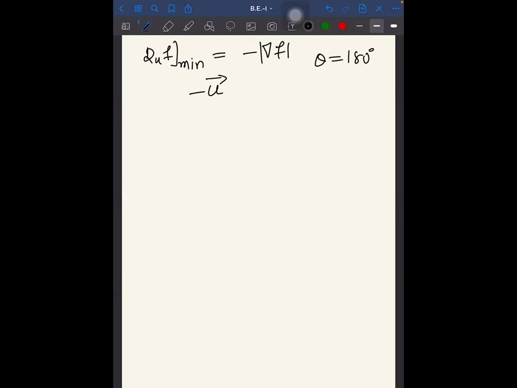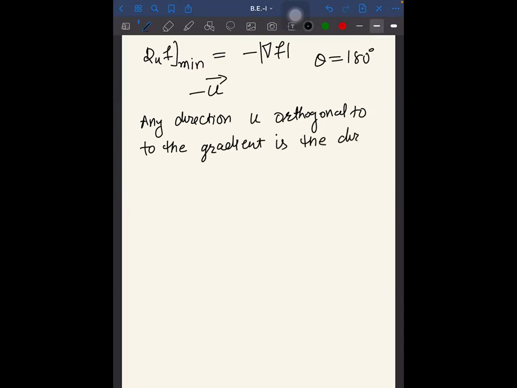And the last point is that any direction u orthogonal to the gradient vector is the direction of zero change. And what is that direction?